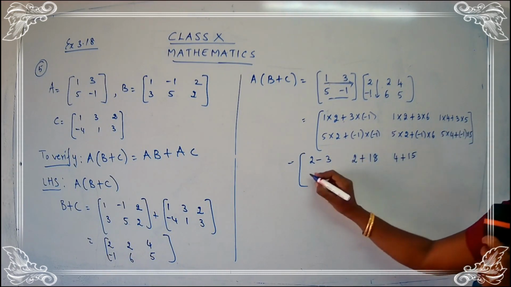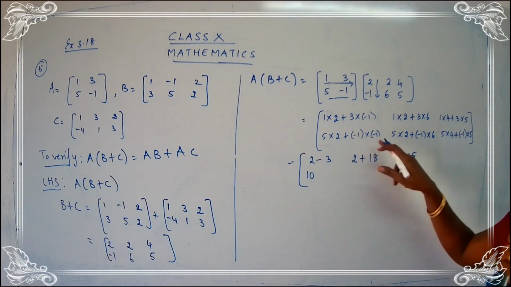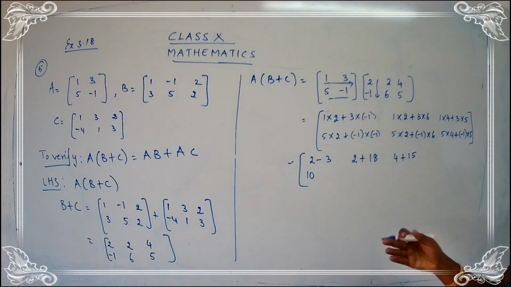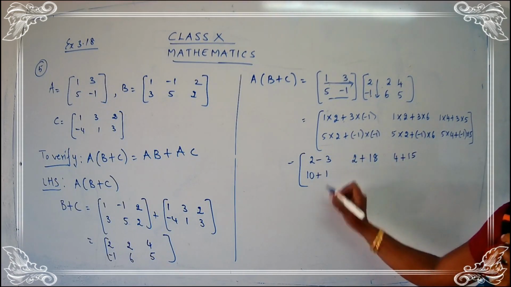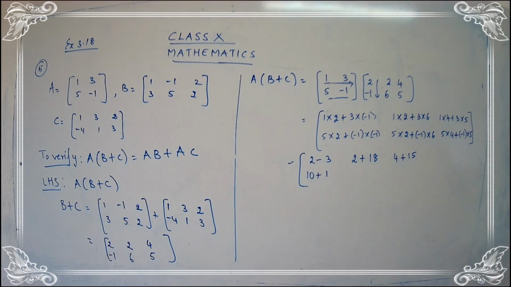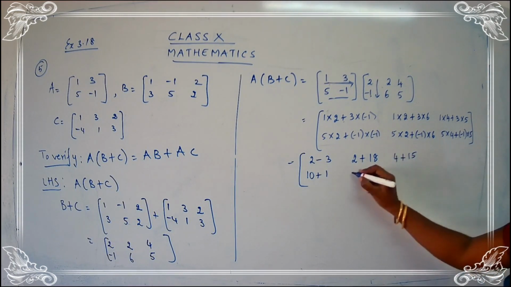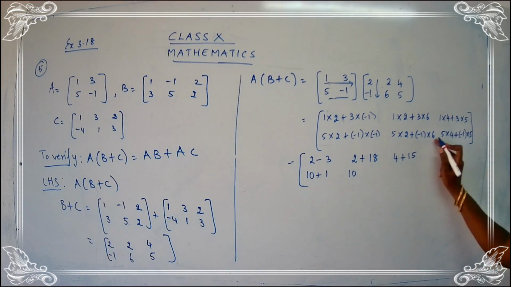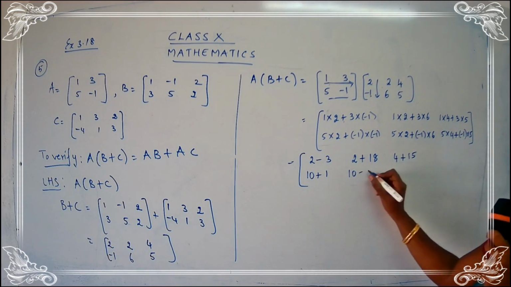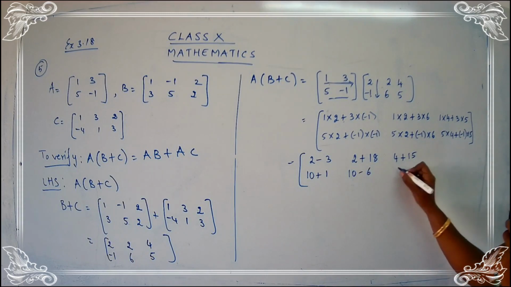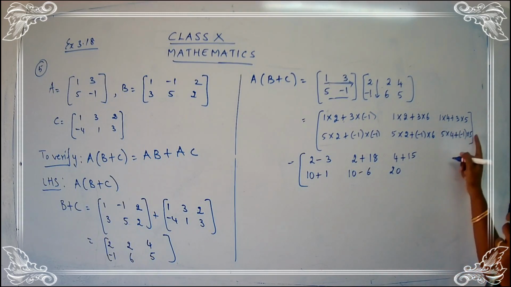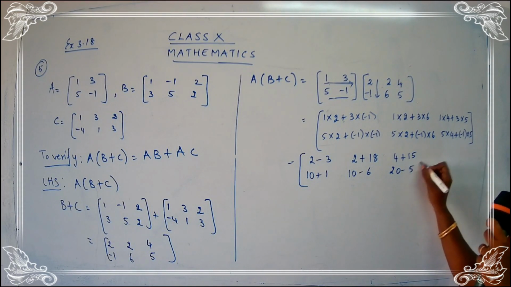5 2s are 10. Minus 1 into minus 1. Minus minus is plus. So 10 plus 1, 11. 5 2s are 10. Minus 1 into 6, minus 6. 5 4s are 20. Minus 1 into 5, it's minus 5.